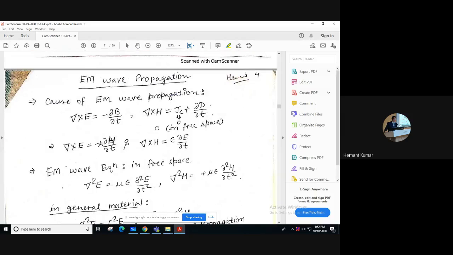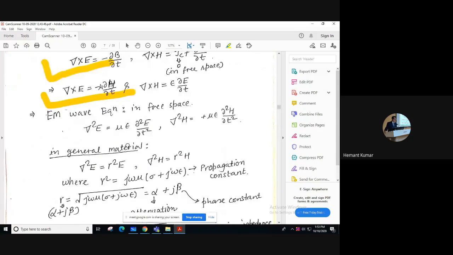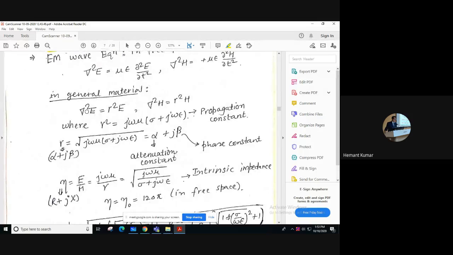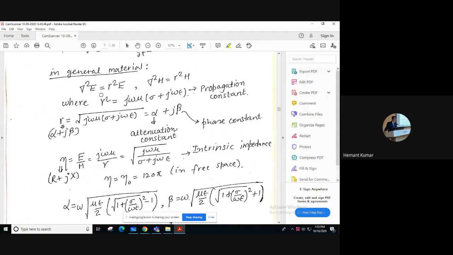So first, these two equations are used for the EM wave propagation, right? There we have one quantity, that is gamma. This gamma is known as the propagation constant, and its value is given by the square root of j omega mu times (sigma plus j omega epsilon).